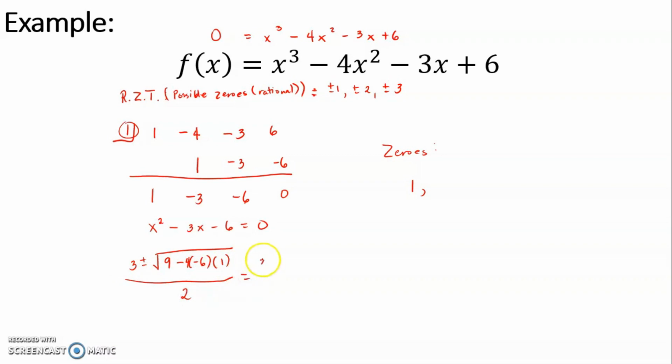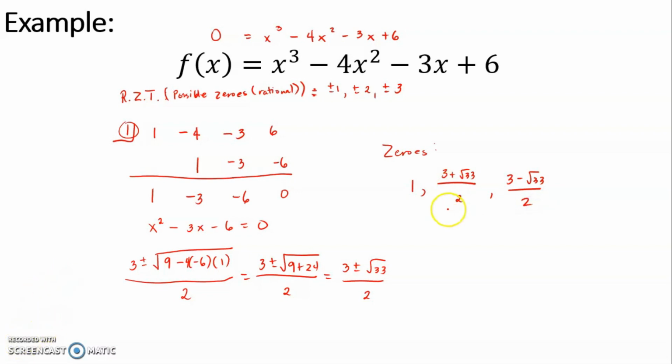Therefore, it's 3 plus or minus the square root of 9 plus 24, all over 2. So this is 3 plus or minus the square root of 33 over 2. We know that this is a real number. So that would be 3 plus square root of 33 over 2 and 3 minus square root of 33 over 2.